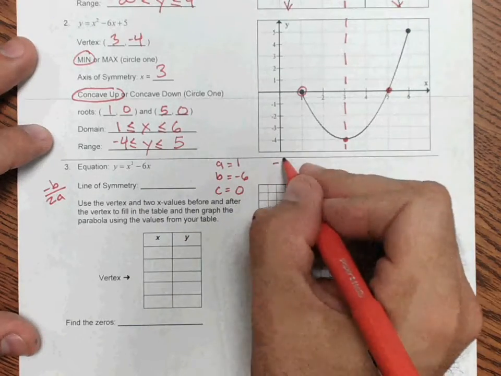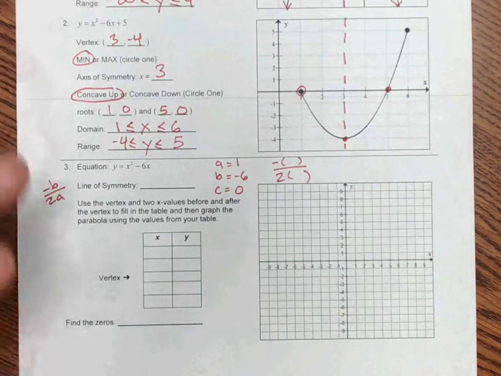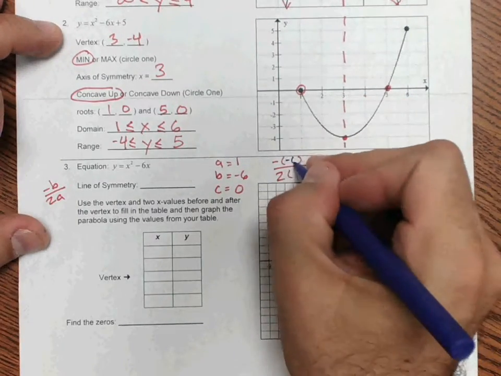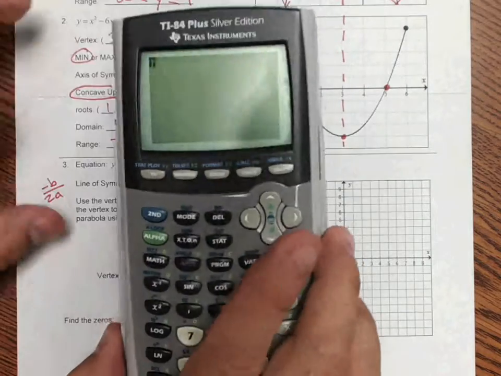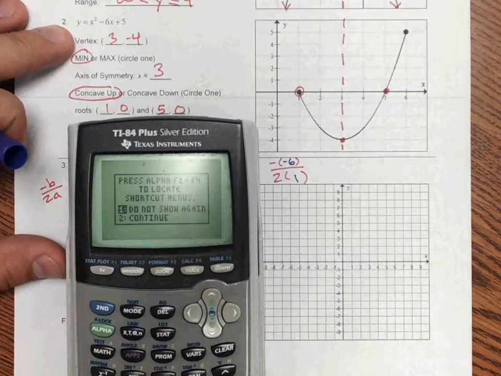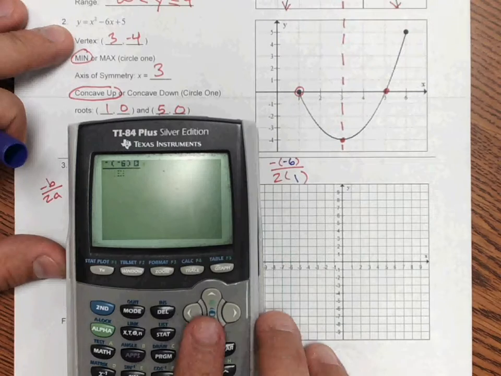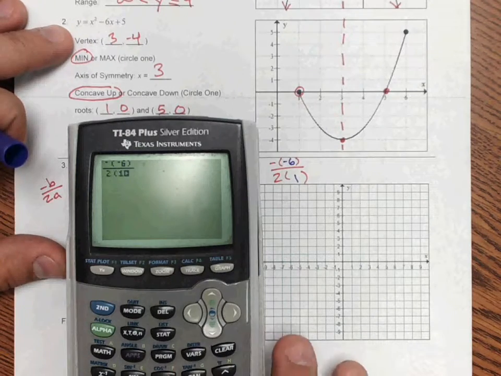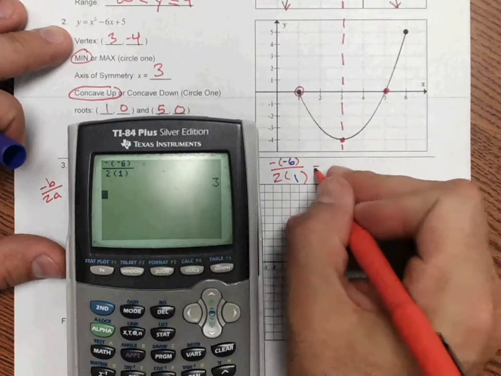So if I plug this into negative b over 2a, the numbers I'm plugging in are negative 6 on top and 1 on the bottom. So, if we put that in the calculator, negative 6 on top, over 2 times 1 on the bottom, we get that our axis of symmetry equals 3.